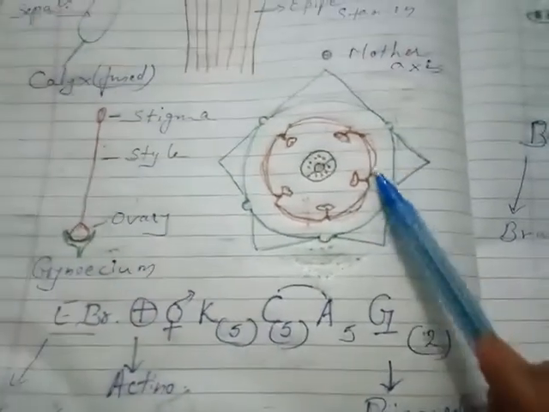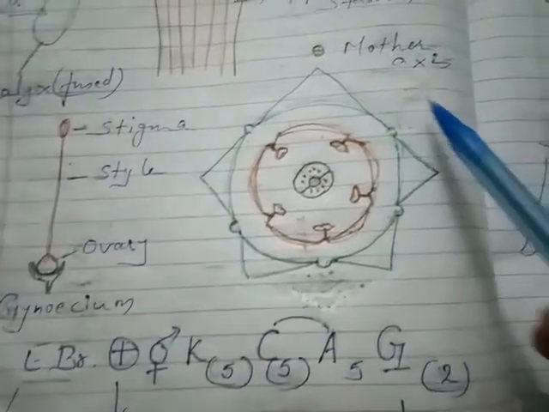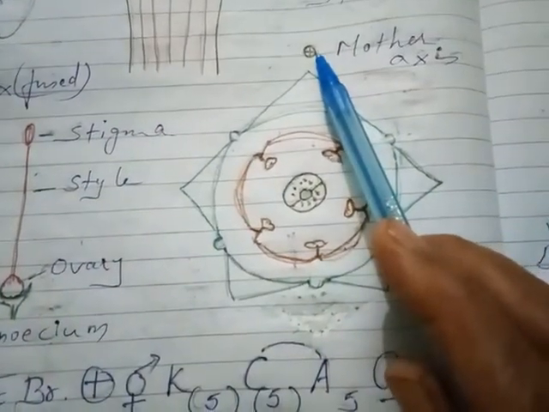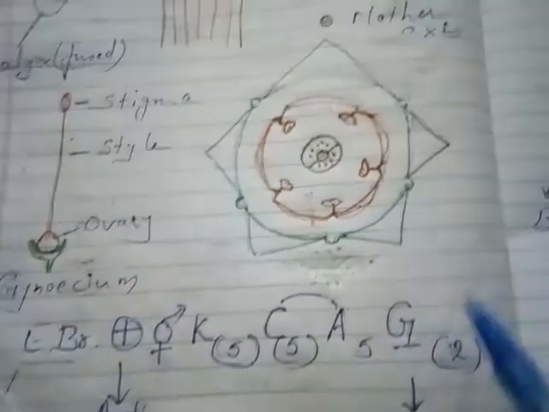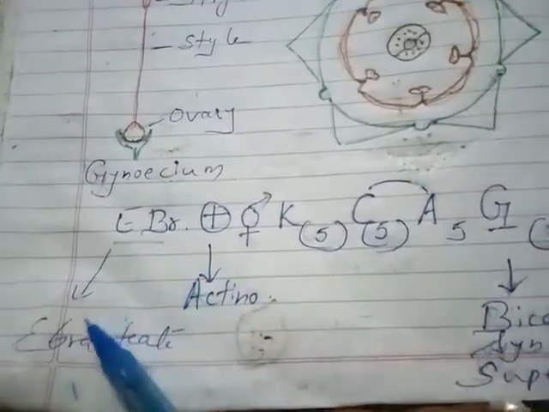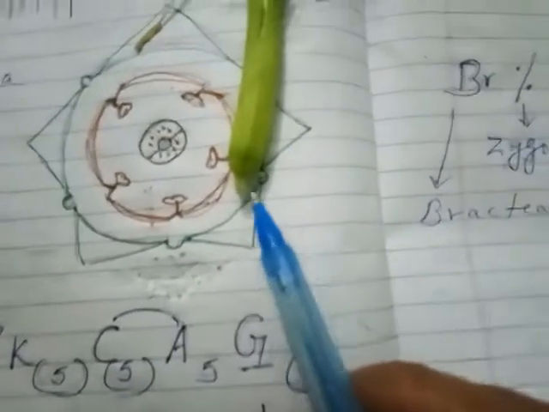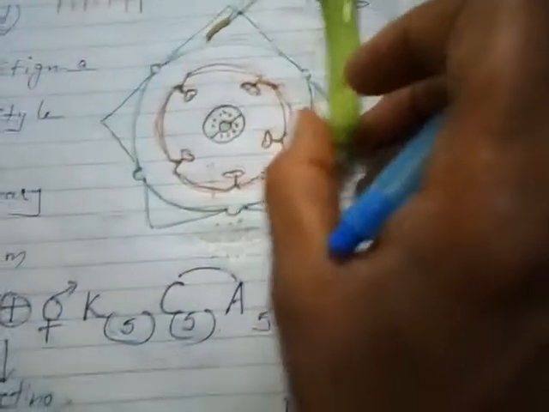Now in the floral diagram we will see the different symbols. This part is called the mother axis, to which the flower is attached on the plant. Now Ebr is written, which means the flower is ebracteate. Here you will not find the reduced leaf, so it is called ebracteate.